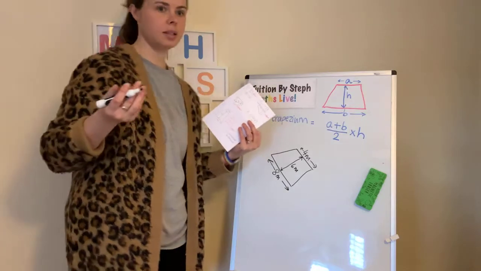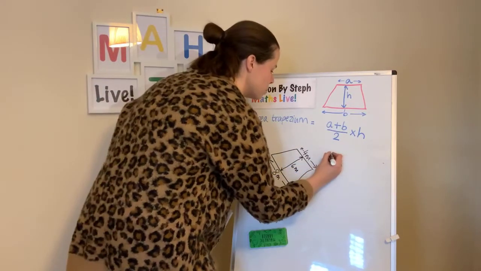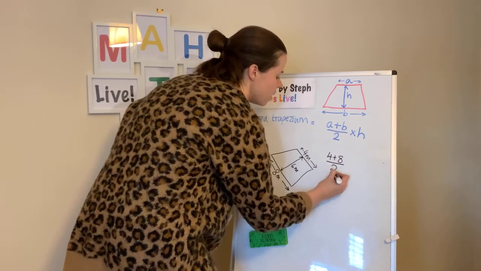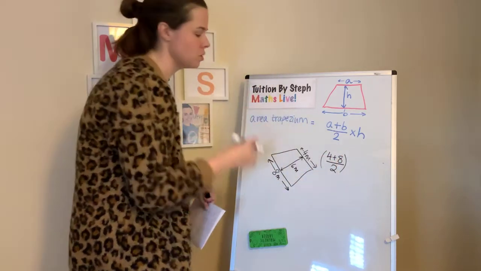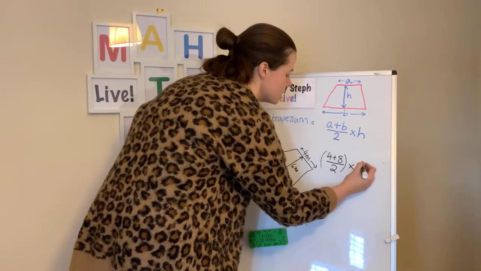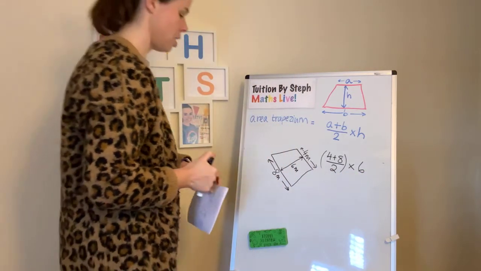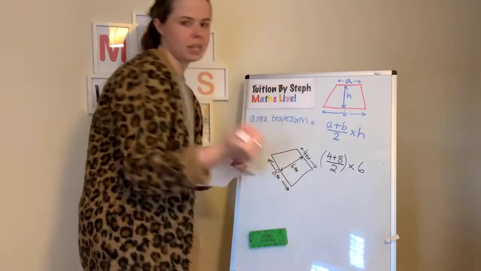how do we find the area? Well, we've got to add the top and the bottom. So we do 4 plus 8. We divide that by 2. You could put that in brackets if you wanted to remember that you have to do that bit first. And then we times it by 6. So, 4 plus 8, 12.